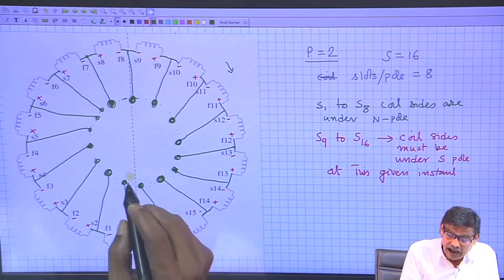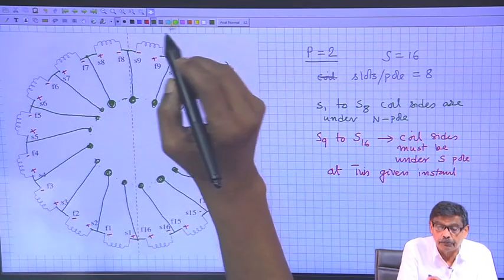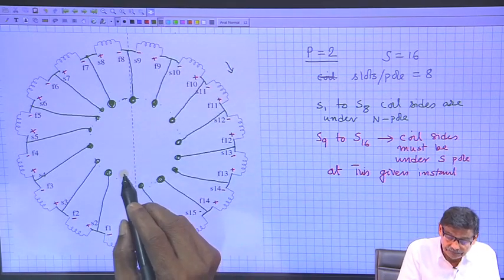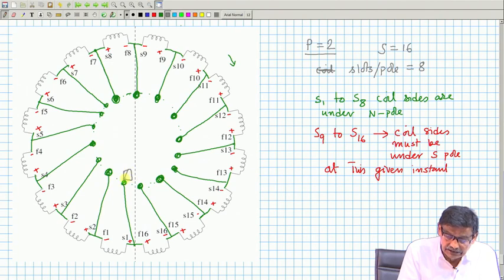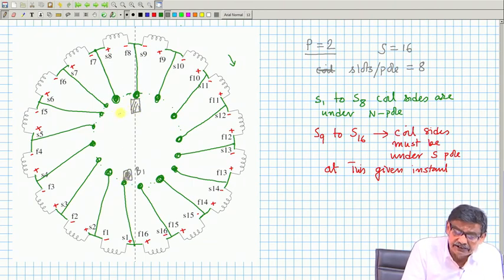Then what I will do? I will take 2 carbon brushes, which are fixed. Where plus plus has come, I will call it B1, and where minus minus has joined, this is also a carbon brush. It is positioned in such a fashion that this copper strip will be touching it whenever it moves past.